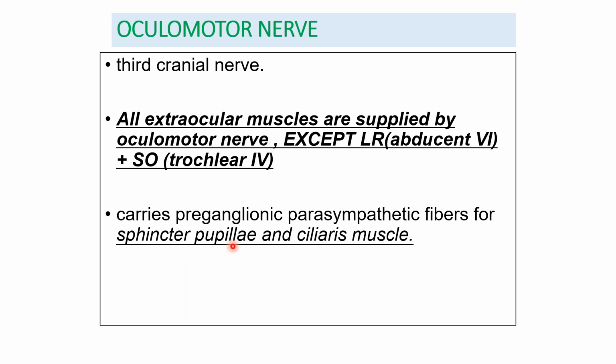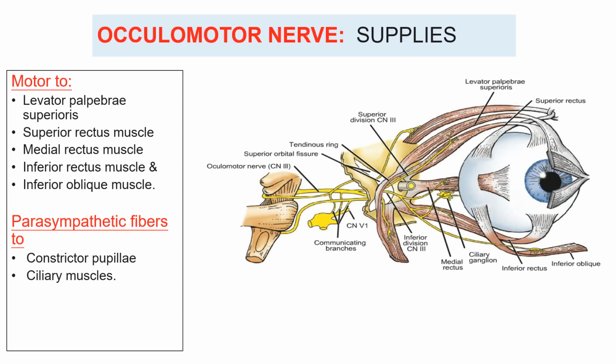These two muscles we did in the last lecture and we know their functions. So the preganglionic parasympathetic fibers of these two muscles are also contributed by the oculomotor nerve. Now, this is a summary of the distribution of the oculomotor nerve: motor to all the muscles except superior oblique and lateral rectus, and parasympathetic to the constrictor pupillae and ciliary muscles.